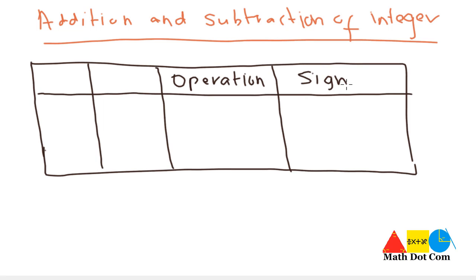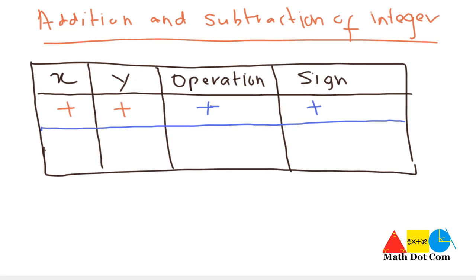For example, we have number x and number y. The sign with the x is plus and with the y it's also plus, and the operation will be plus and the sign with the answer will also be positive. Keep this in your mind.